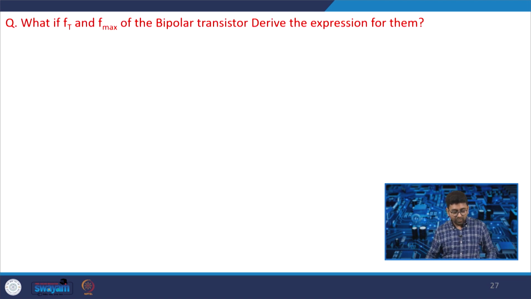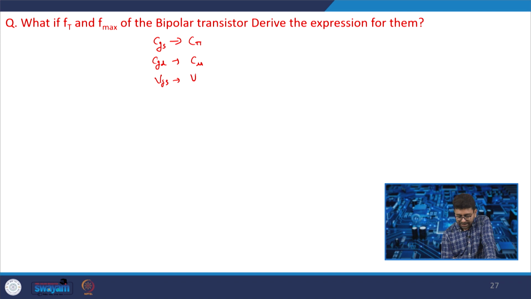So, let us see what the FT and Fmax are for BJT as well. The only difference between BJT and FET, if you see the small signal models, is that CGS is replaced with C pi and CGD is replaced with C mu. Your VGS in this case is VBE.